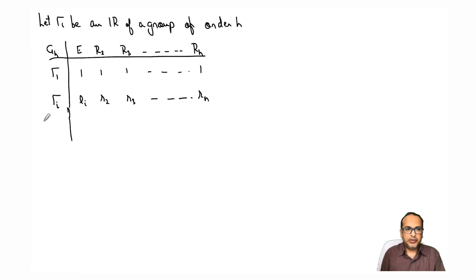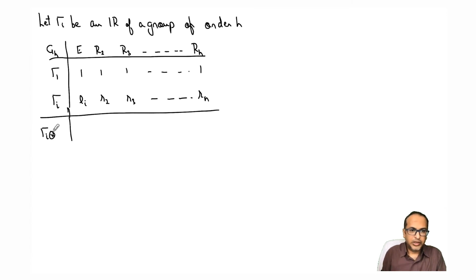Now, if I do a direct product of tau i into tau i, what do I get? I get li square, then R2 square, R3 square, up to Rh square, right?